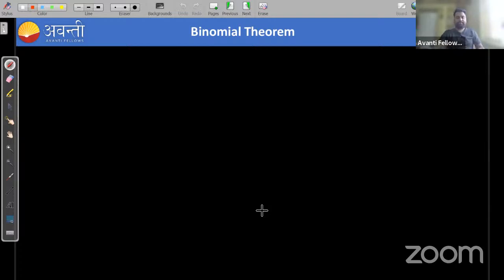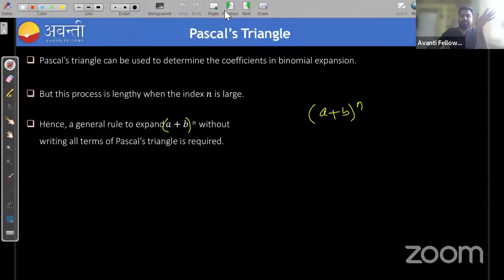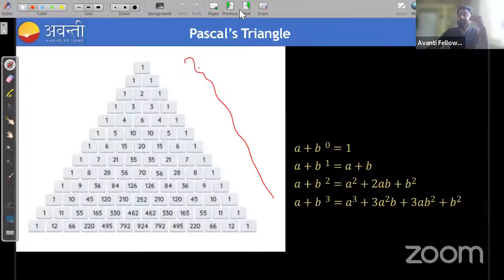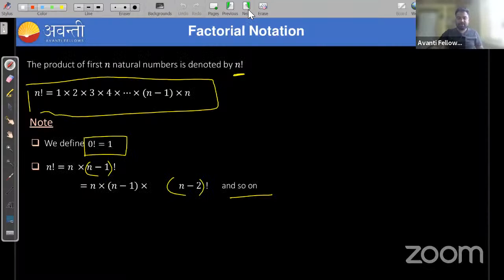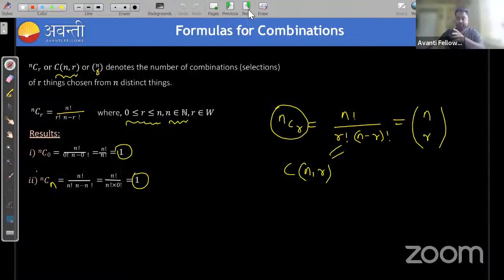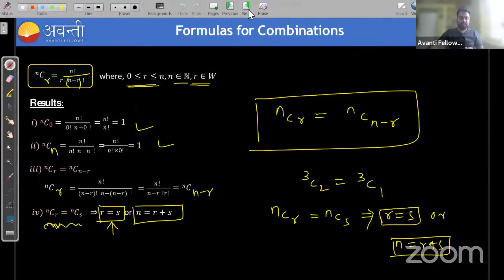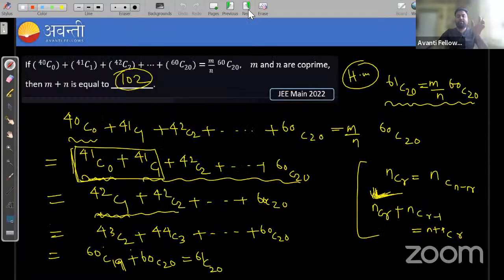Okay. So, hi JNB Yanam. In the previous class we discussed the Pascal triangle, and how we can evaluate the coefficients of a binomial expansion using it. We also saw factorial notation and some combination formulas, and then we solved one JEE Mains 2022 previous year question, where the answer is 102.